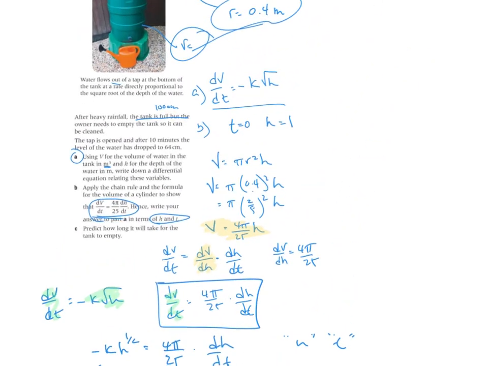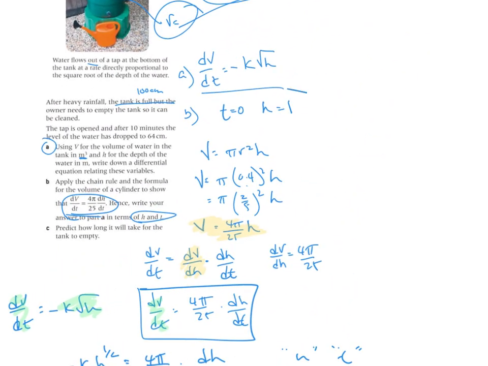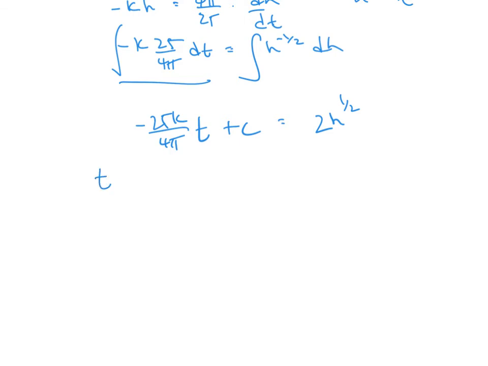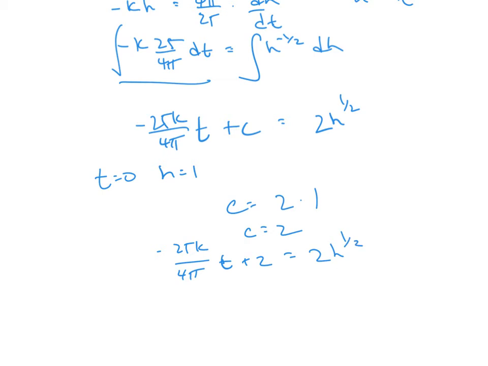If you recall, we know that when t equals 0, the height was 1 meter. So I plug in 0, so that's 0 plus c is equal to 2 times 1, so c is equal to 2. So I have negative 25k over 4 pi times t plus 2 is equal to 2h to the 1/2.